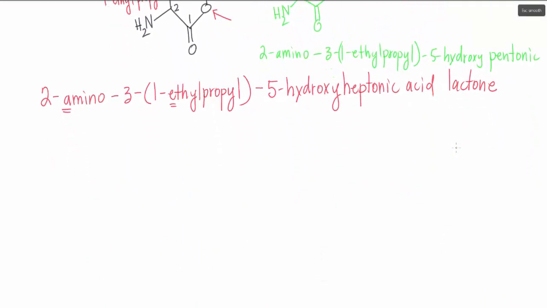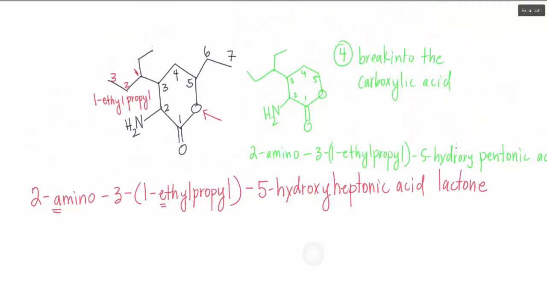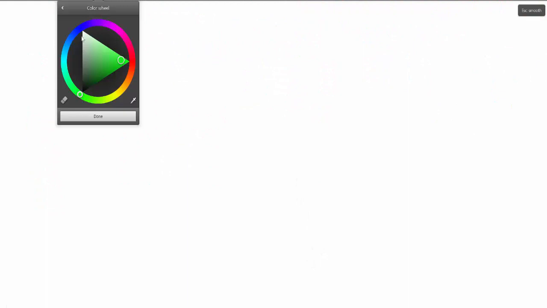All right. Now, that was number 4. Number 5. Name the following lactones.